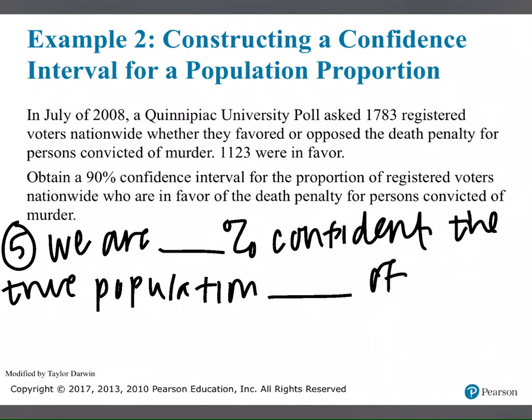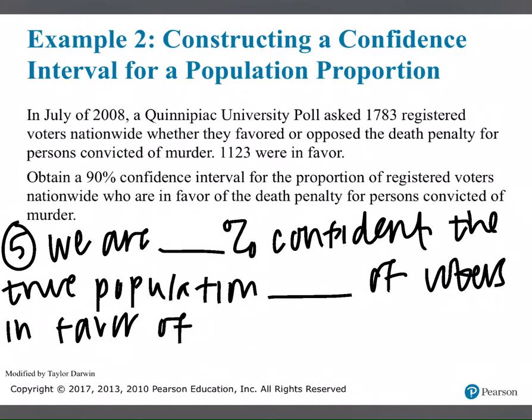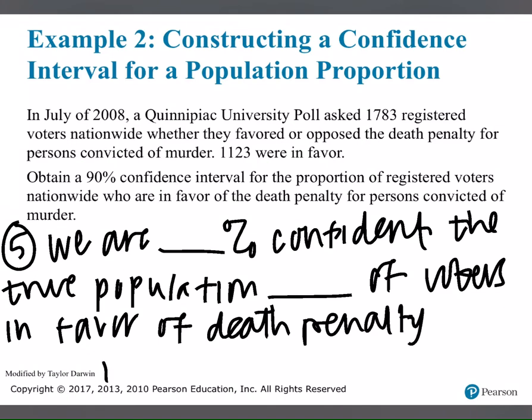So we're talking about of voters in favor of the death penalty is between blank." So we basically can fill in these blanks, and the percent of confidence could be different.